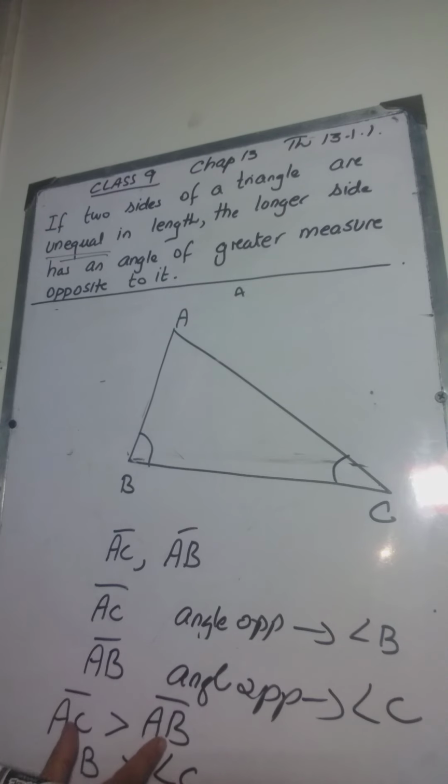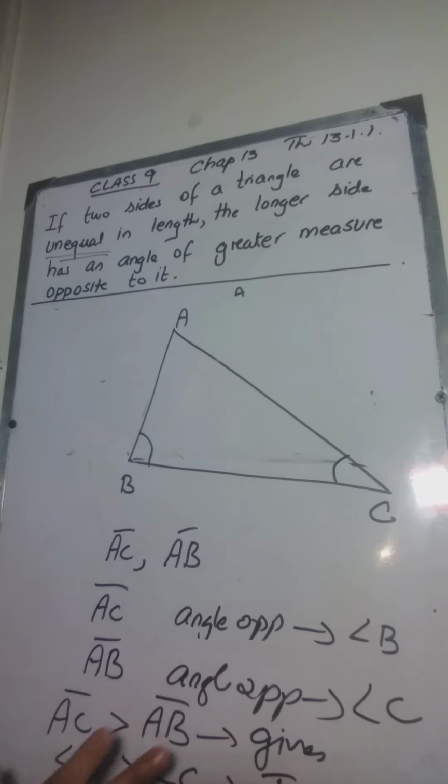So the relation between the sides and the angles is the same. The angle which is opposite to AC will be greater than the angle which is opposite to AB because AC is greater than AB. So the angle which is opposite to the longer side will always be greater than the angle which is opposite to the shorter side. So this is given to us, and we are going to prove this.